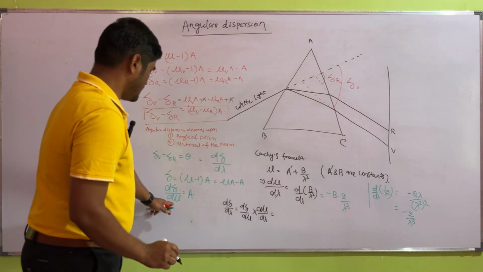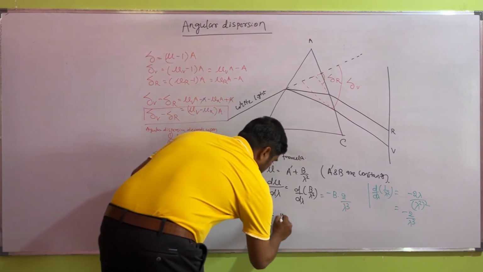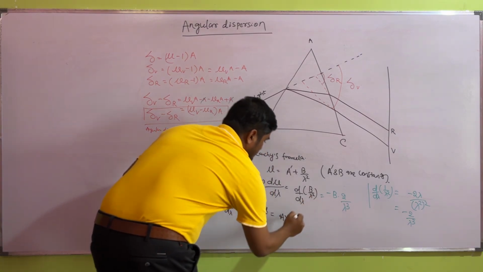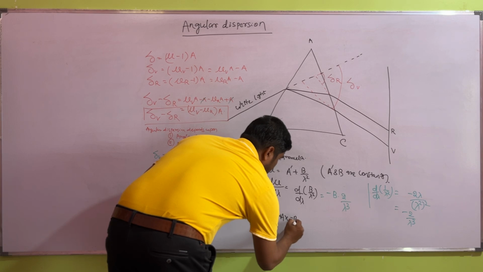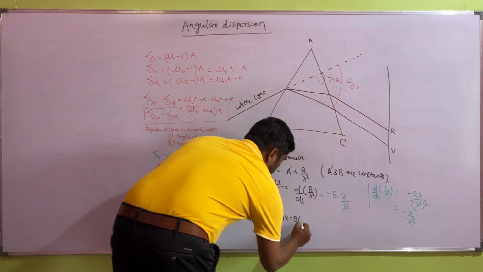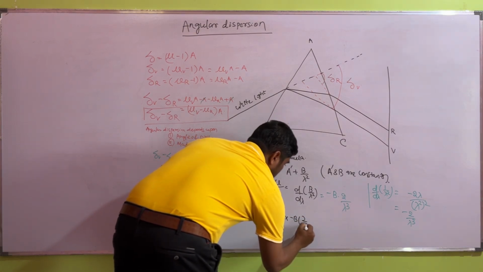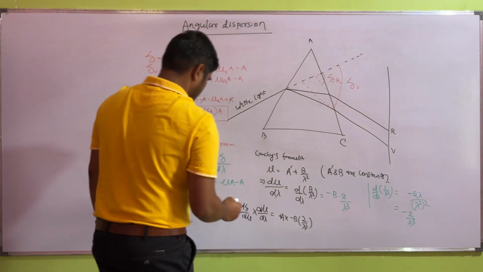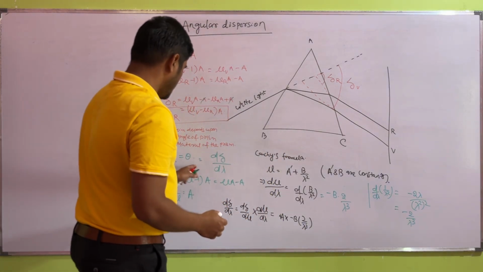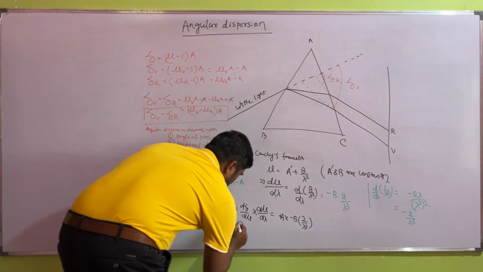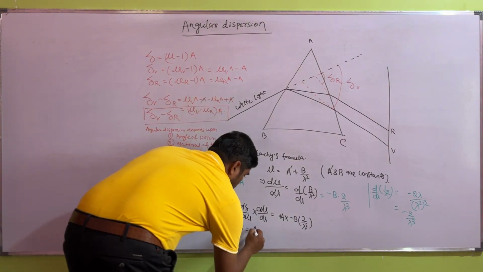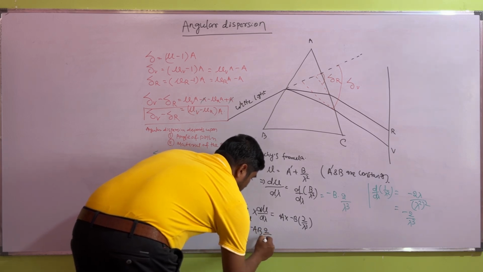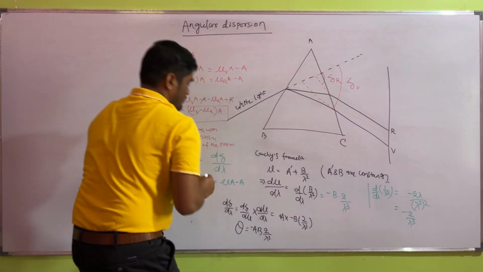So the value is A multiplied by minus B into 2 divided by lambda cube. So you can write this as theta, that is equal to minus 2AB divided by lambda cube.